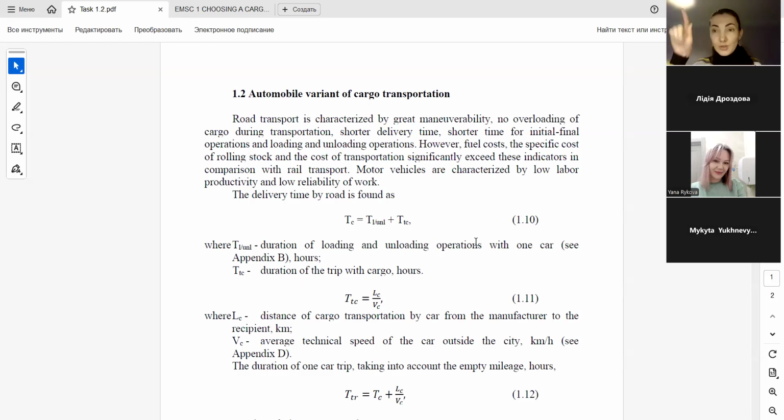So we divide it by 60. And plus the result of our previous calculation, our duration of the trip with cargo, and it will be delivery time.